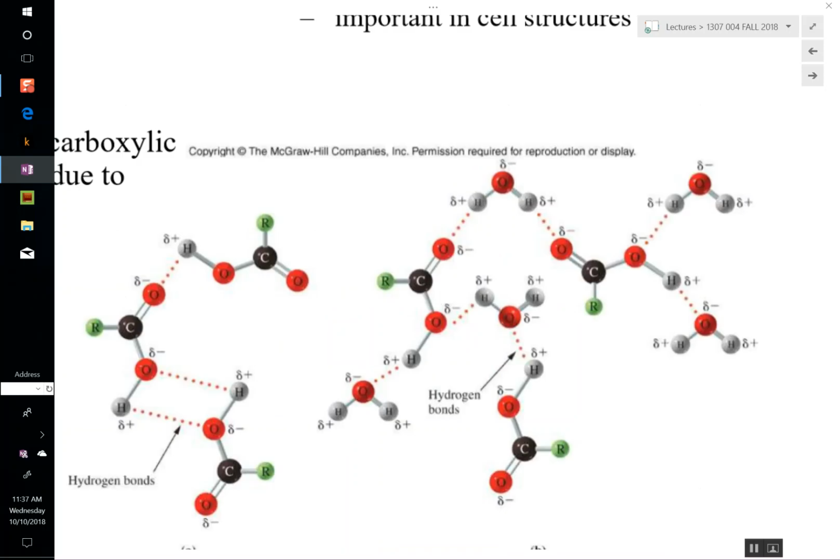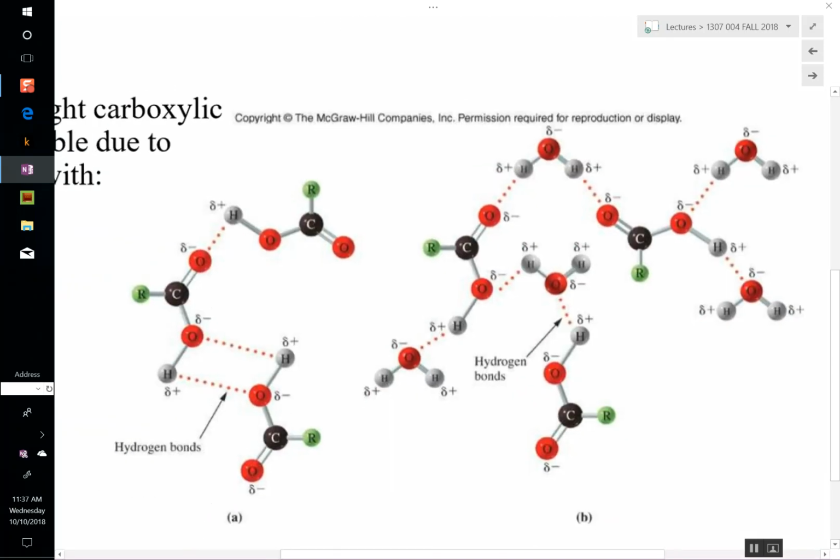This is showing the hydrogen bonding. If I drew a line down through here, what we're looking at on the left is how a carboxylic acid would hydrogen bond with another molecule. Here's your carboxyl group, and you can see it can all get involved in hydrogen bonding.